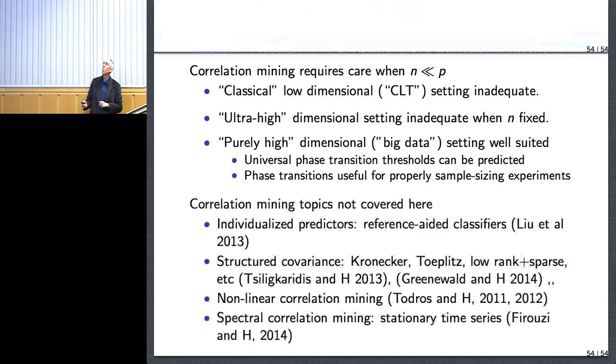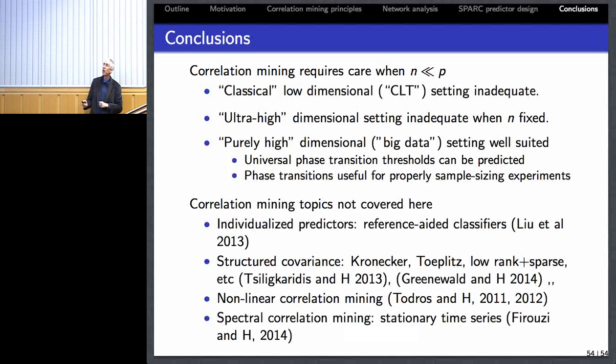So we have this new big data setting, purely high dimensional, with universal phase transition thresholds. And I haven't talked about these other topics of structured covariance, which are forms of prior information that one can incorporate.